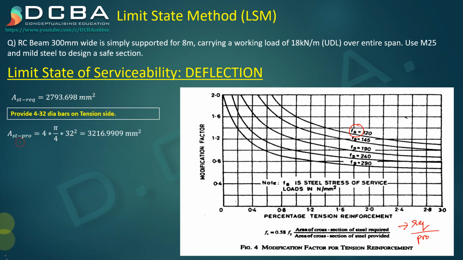So what is AST provided? It is 4 into pi by 4 into 32 square, which is 3216.9909 mm square. So this is your AST provided, this is your AST required, correct?